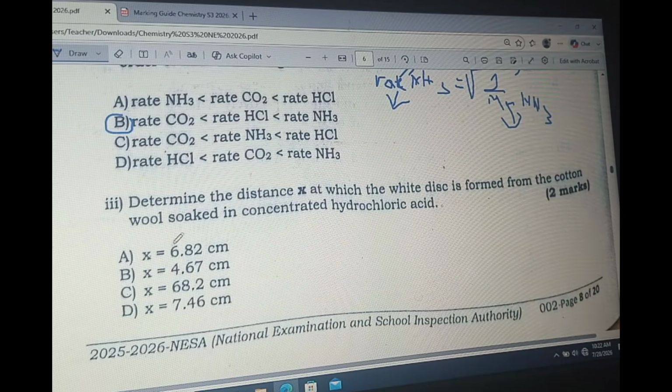I3. Determine the distance at which the white disk is formed from the cotton wool socket in the concentrated hydrochloric acid.